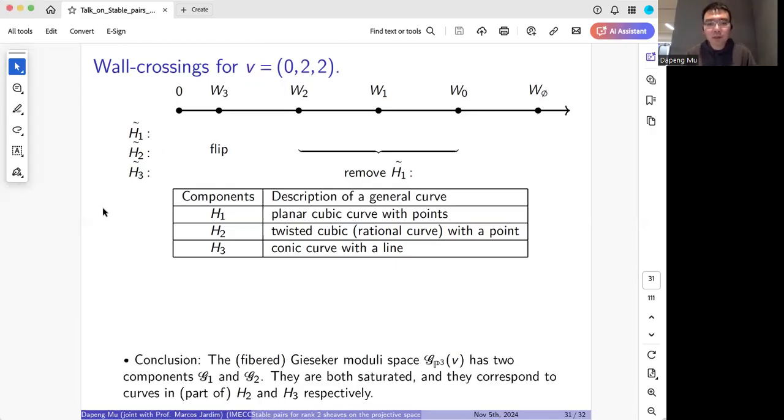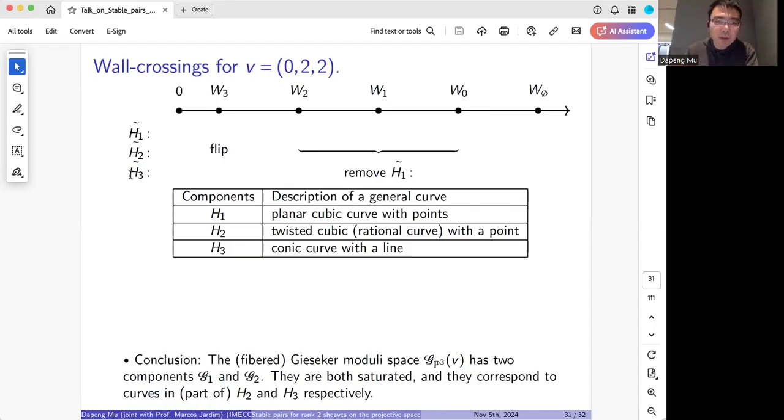So the conclusion is this fiber Gieseker moduli has 2 components, called G1 and G2, and they're both saturated. By saturated, I mean a general pair is saturated, and they correspond to part of H2 and part of H3. When I say saturated, I mean a pair corresponds to a curve.